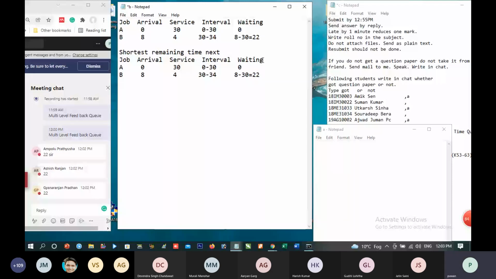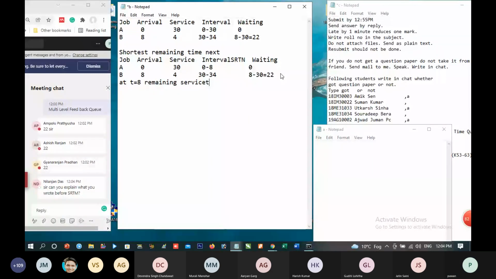Interval in SRTM. It will be served from 0 to 8. At time t equal to 8, what is the remaining service time of job A? This is equal to 30 minus 8, equal to 22.